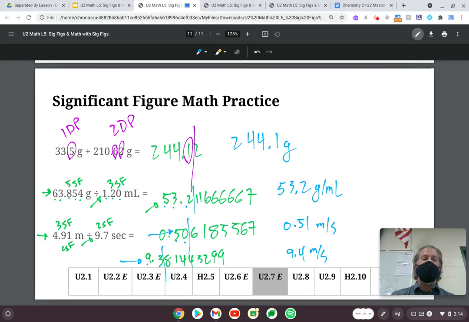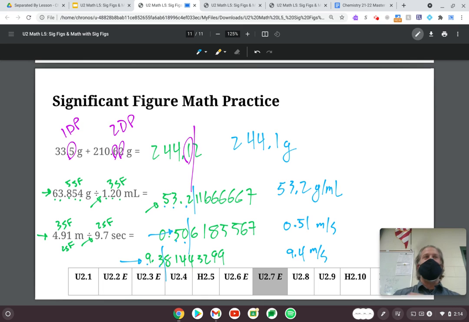I then went back and I assessed. 63.854, I drew a line because there's a decimal going toward the right and counted everything, it had 5 sig figs, and 1.20 because there's a decimal I drew a line in, those had 3 sig figs. So my answer had to have 3 sig figs. So in that instance, I rounded the 53.2116666 to 53.2. My unit is grams per milliliter.